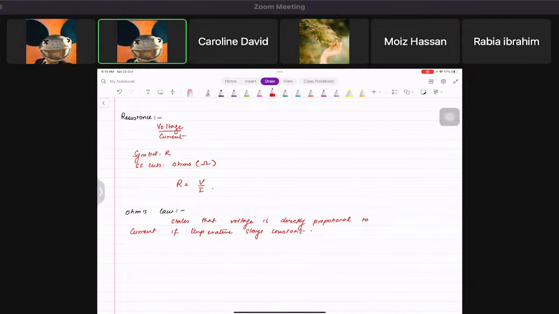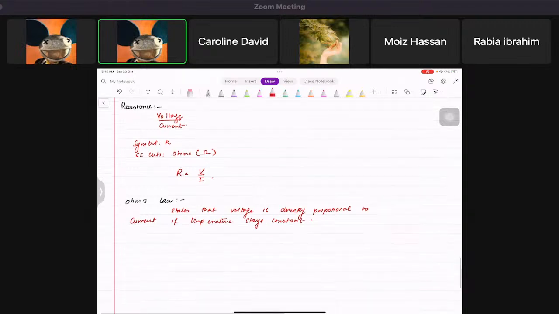Now, to test Ohm's law, we can set up a circuit.